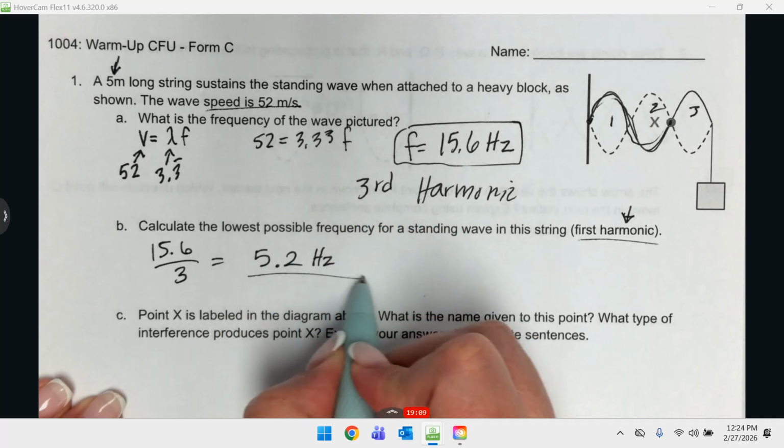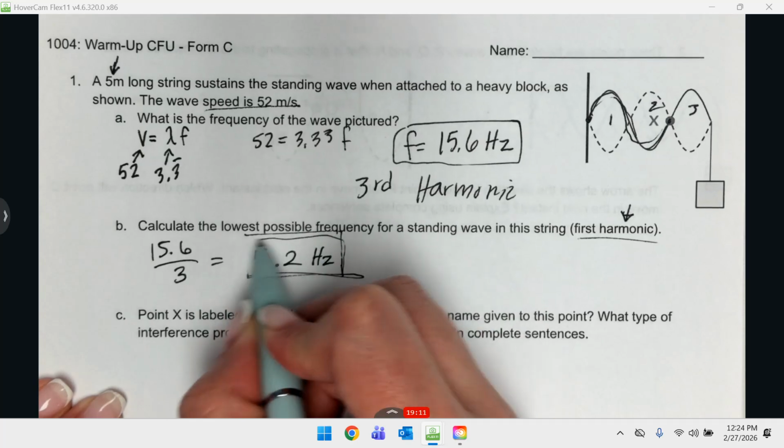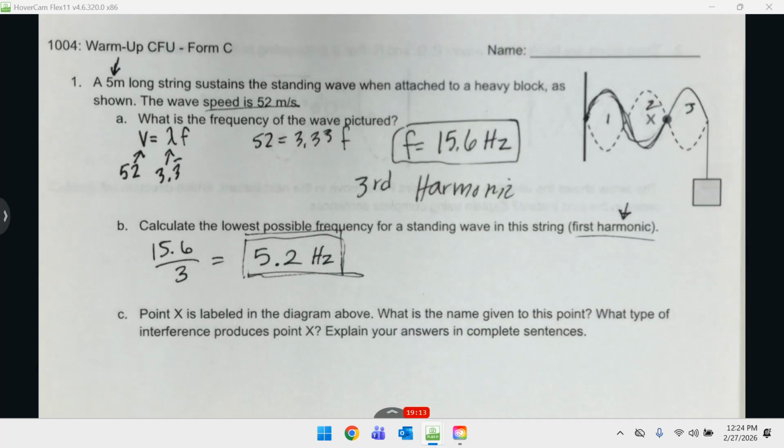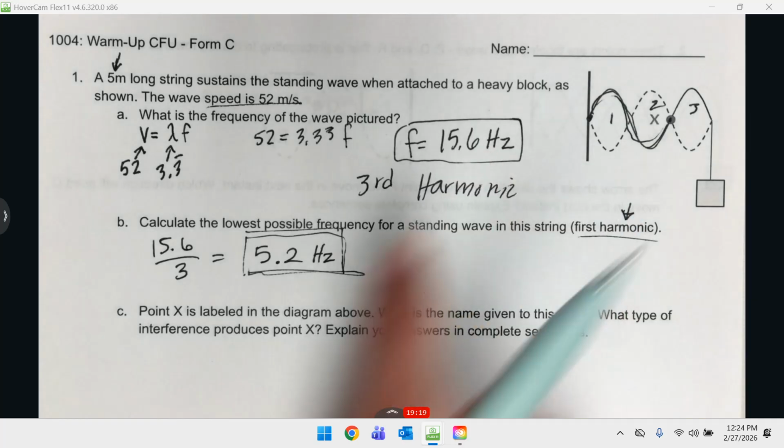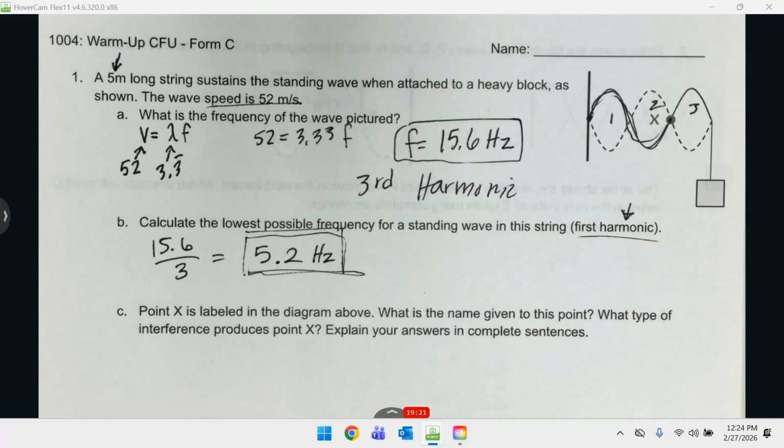And so that just means that all of your overtones, all of your other harmonics are multiples of this. So this is your first harmonic, your second harmonic would be 10.4, your third harmonic would be 15.6, your fourth harmonic, you'd add this again, or 5.2 times 4. And so again, that's how you're going to answer questions like that.